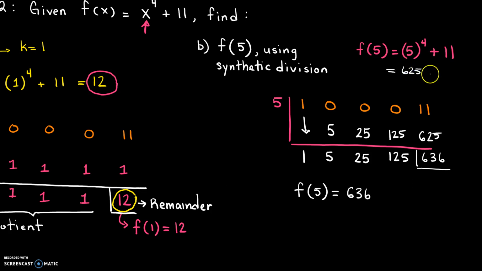So if you input that in your calculator, you get 625 plus 11, which is simply 636. That wasn't too bad to do, but just imagine if you had a longer or more in-depth polynomial where you had to do more plugging in and more evaluating. It just becomes a lot more tedious to do.